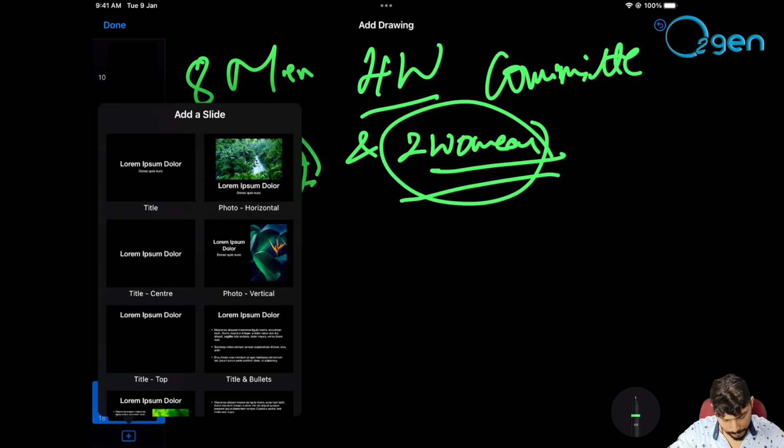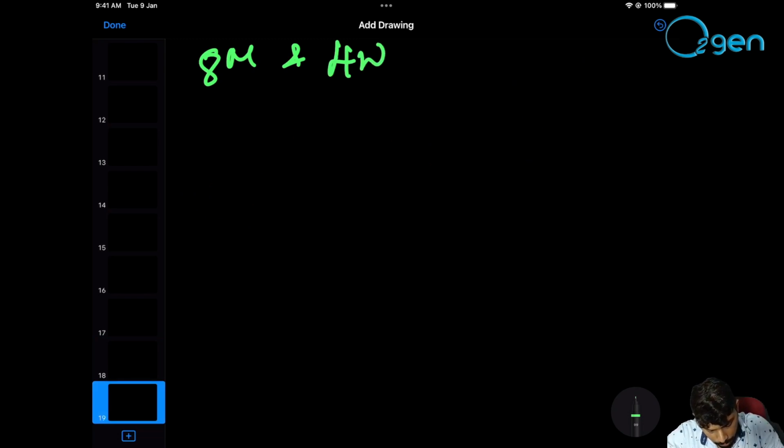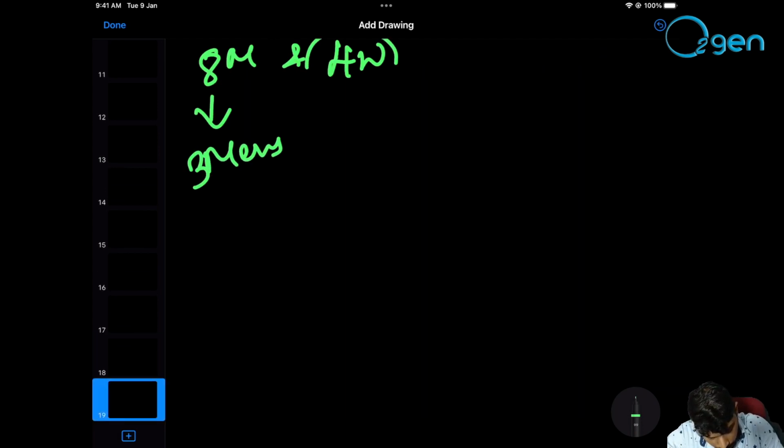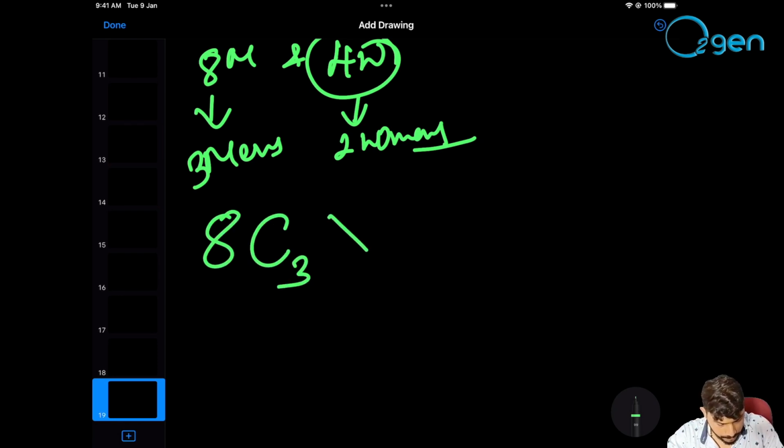Out of 8 men, we have to pick 3 men, and out of 4 women, we have to pick 2 women, right? So the arrangement is out of 8 you select only 3, multiplied with out of 4 you take only 2.